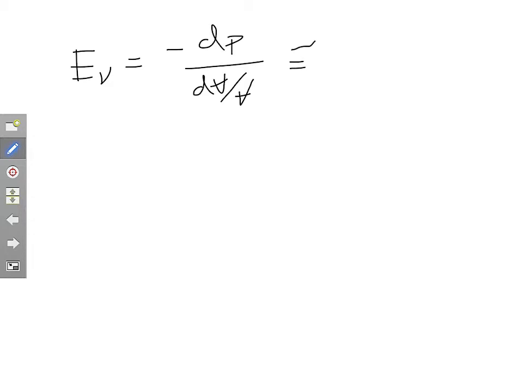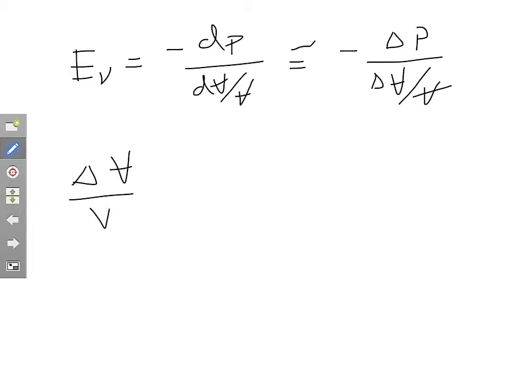We know that the bulk modulus is equal to minus dP over dV over V, the fractional change in volume. We can approximate that by a change in pressure over a change in volume over volume. We can rearrange this equation to look at the fractional change in volume, and this is actually what we mean by the compressibility.